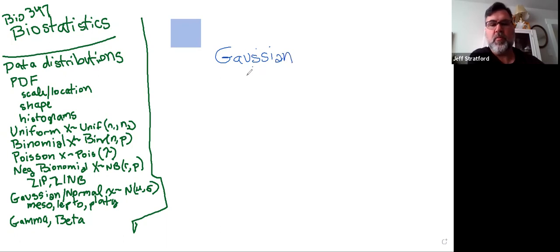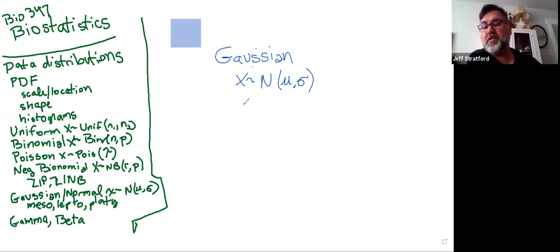Okay. And when we say X is distributed normally, we should say Gaussianly, with a mean mu and standard deviation sigma. So if you know these two things, you can draw a Gaussian curve.